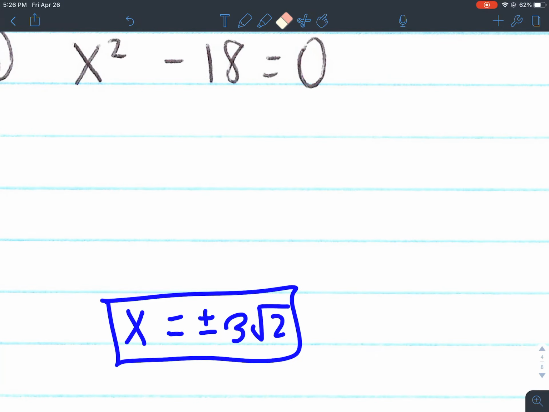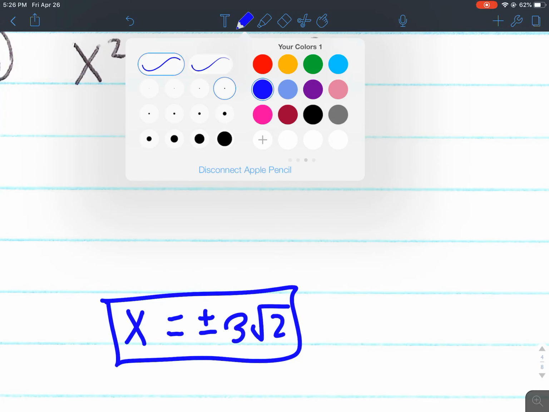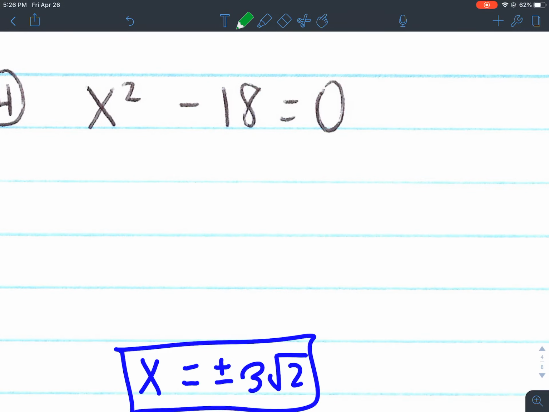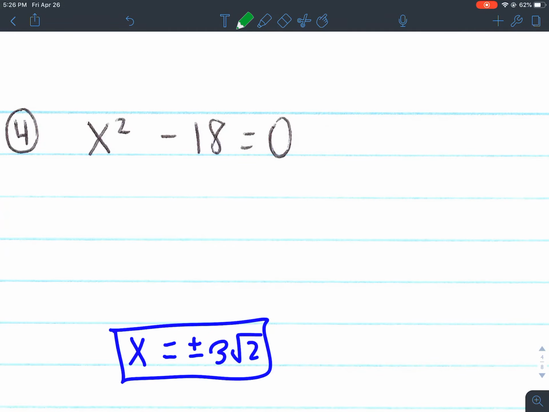So I'm going to keep that answer there just to show you we get the same exact thing using a different method. But for quadratic formula, I need to have it equal to 0, and I like it in standard form. But the thing about this one is I don't have a b value, which is why you can take the square root very easily. But if there is no b value, then your b value is what? 0. So our a here is going to be 1, b is 0, and c is negative 18.